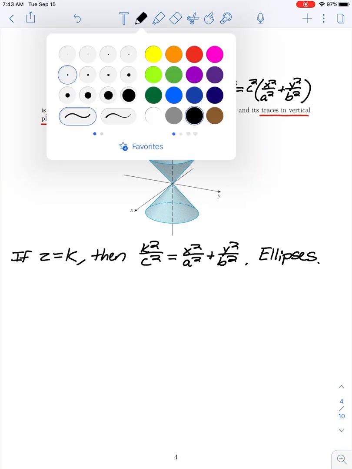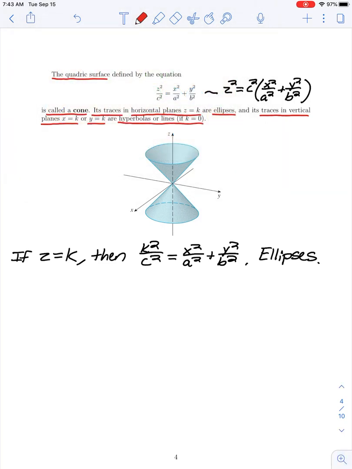And the larger that we make this value of k, that is the further that we move above or below the xy plane, our ellipses would have a larger area.